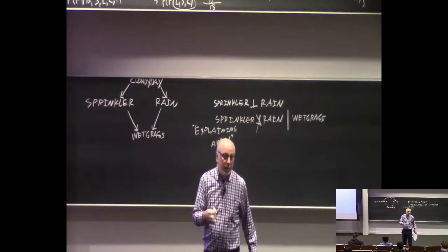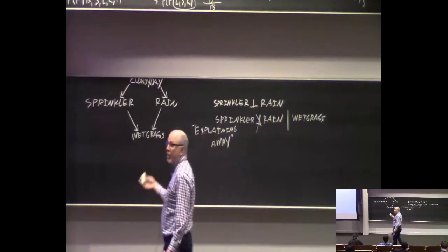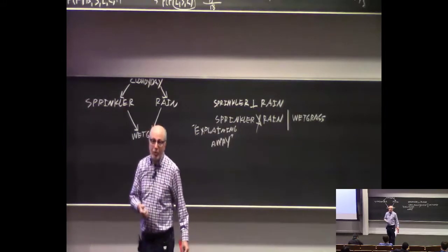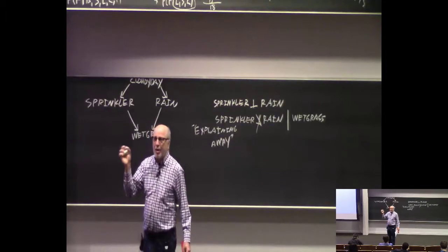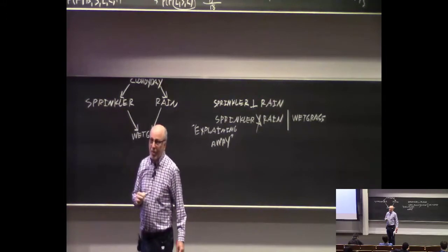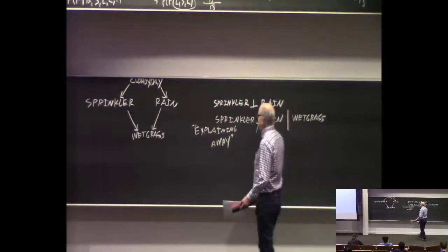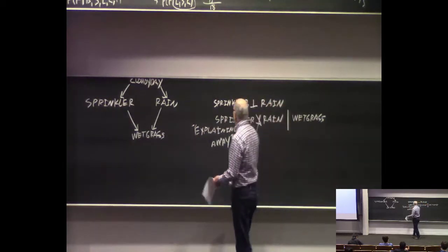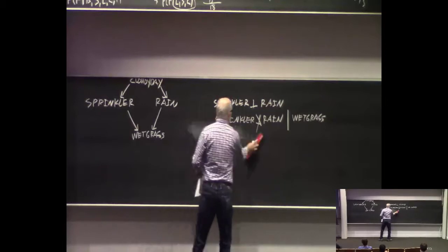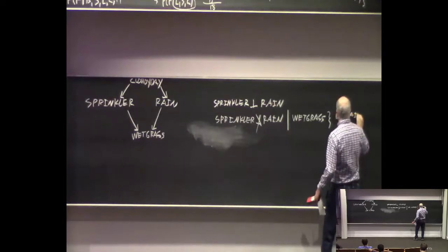It could rain under either condition, but it's more likely to rain if it is cloudy. Similarly, it changes the probability that you would choose to turn on the sprinkler or not. So seeing a cloudy day affects both of these things. Let me write explaining away somewhere else. This is explaining away.